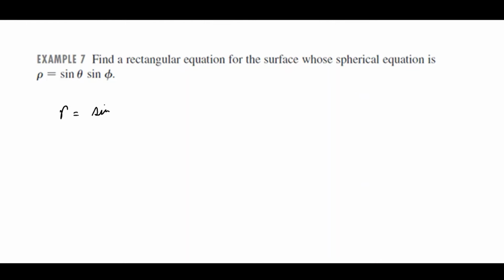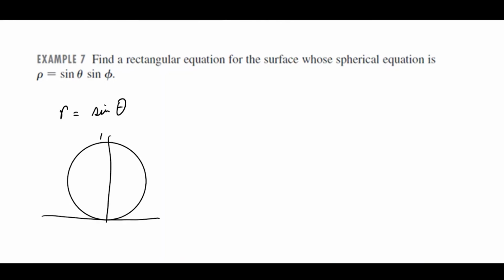Sine theta. What was this thing in polar coordinates? Was it this? Do you feel it? So if I multiply rho on both sides, this sure looks like y, doesn't it? So do you see that this is the equivalent of a sphere now?